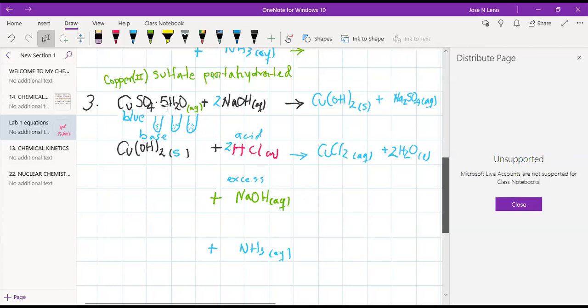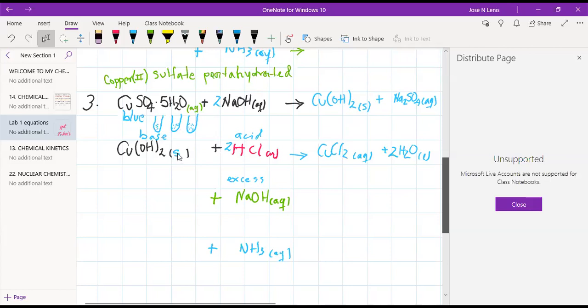You keep adding, this keeps reacting until at some point you added enough drops to match stoichiometrically the number of moles of copper sulfate you have there. After that point, there's no more copper sulfate. Everything reacted to form the insoluble salt.